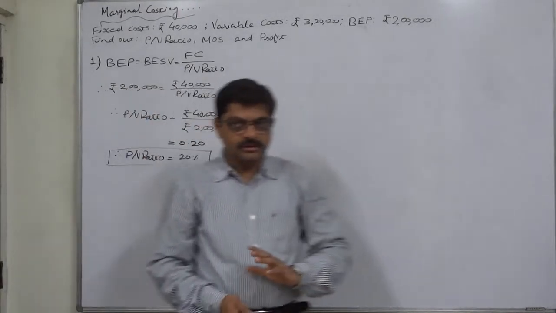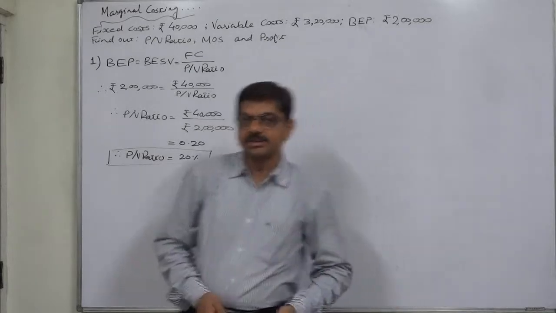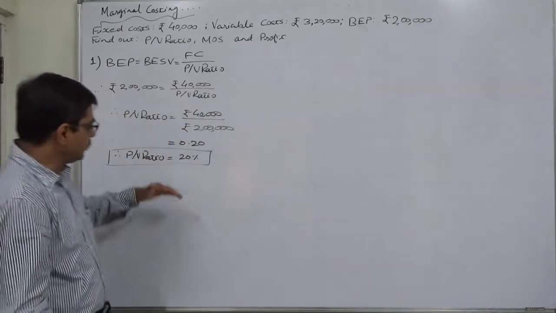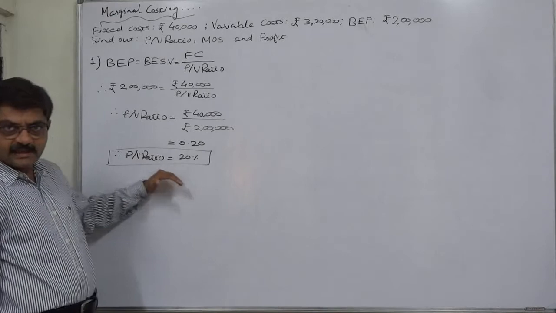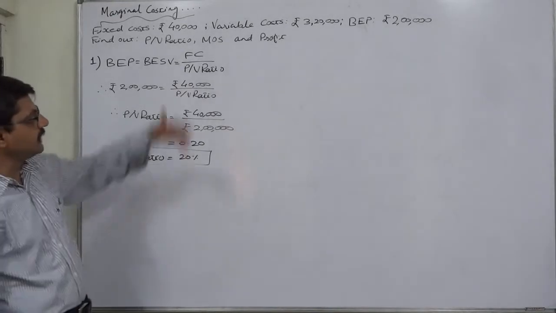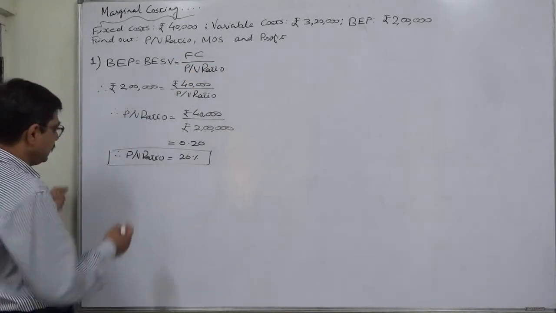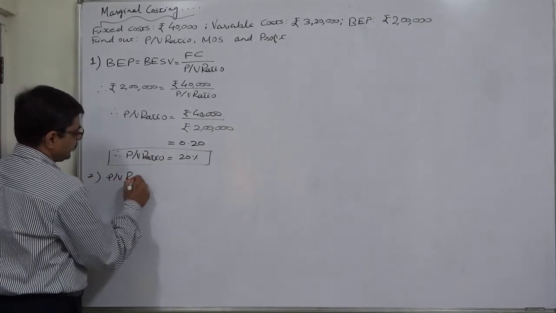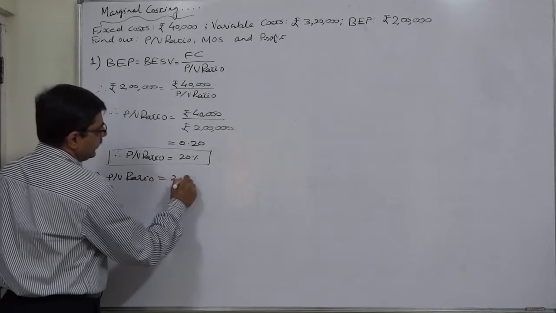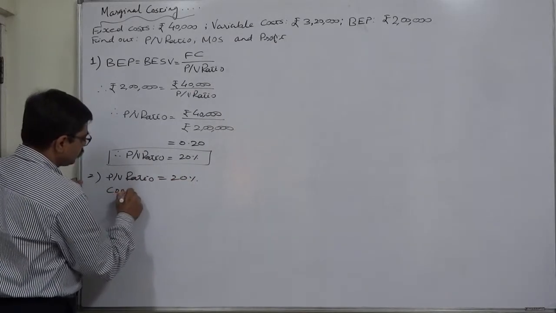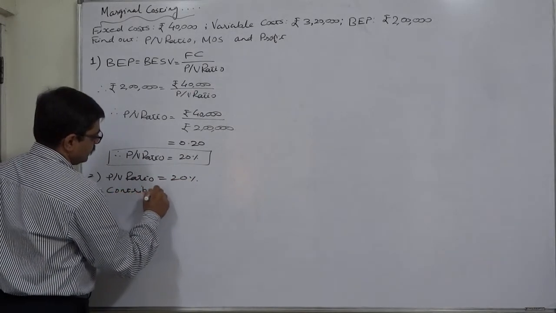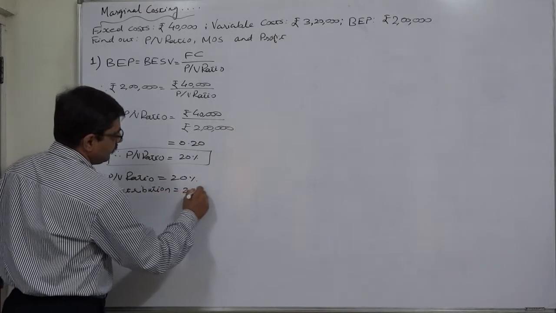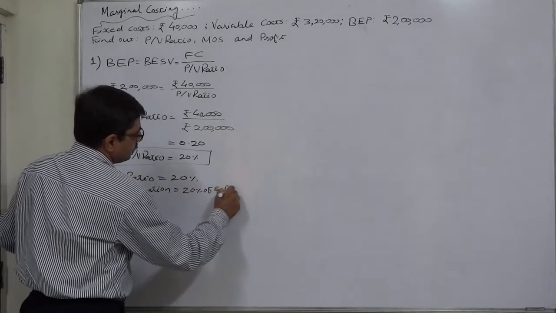PV ratio is the percentage of contribution to sales, and contribution is the excess of sales revenue over variable cost. Here PV ratio is 20%. The direct interpretation is contribution is 20% of sales.